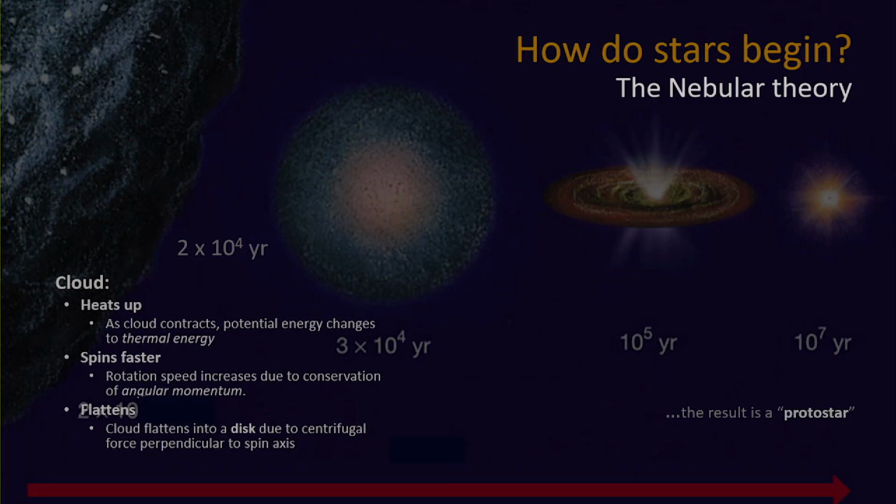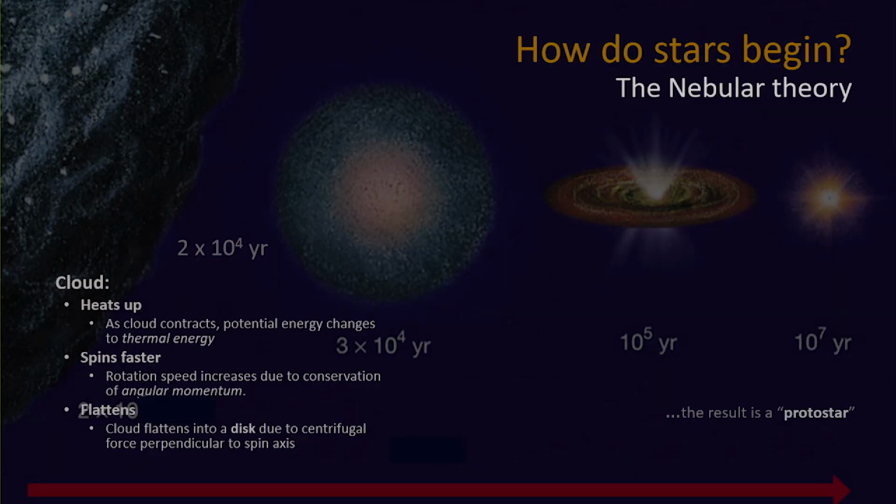So this is just a little touch of physics here, but it helps us understand why the cloud does this. And you can see there in the third image to the right that as this thing is starting to spin, it's going to flatten. It's going to flatten into a disk. Why would it do this? Think of it this way. Material that is, let's just call it, above and below the spin axis, is free to fall inwardly.